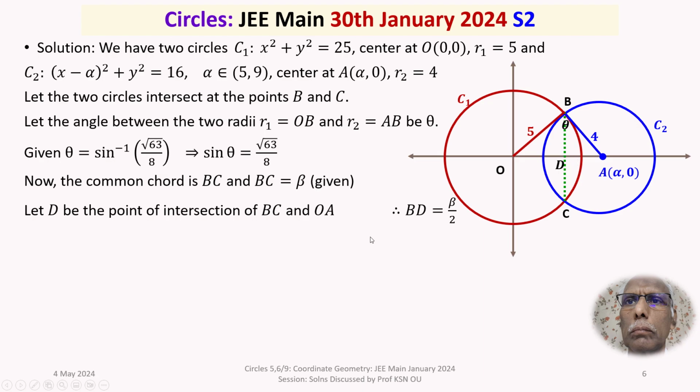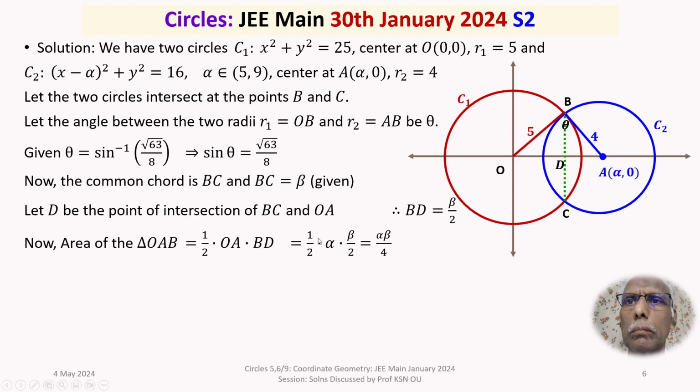So, what are we preparing? We are preparing to compute the area of this triangle OAB. Now, the area of the triangle OAB is half base OA into height BD.